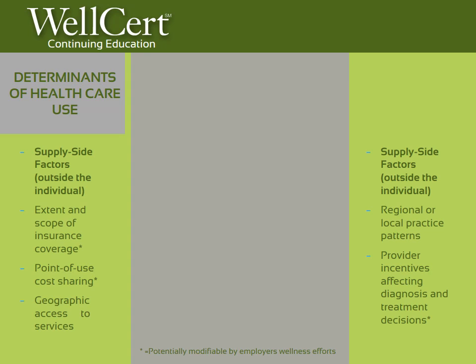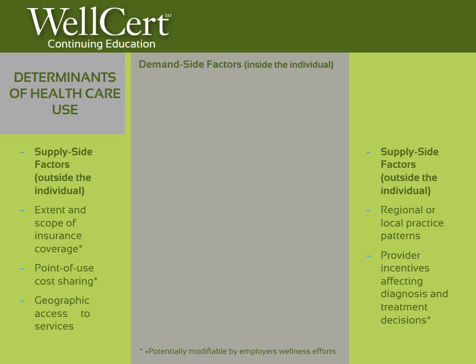And so all of a sudden, everybody needs to have a CBC done. It becomes a screening tool because it's there, and the physician also benefits from its use. So those are called provider incentives that affect the diagnosis and treatment decisions of individuals.